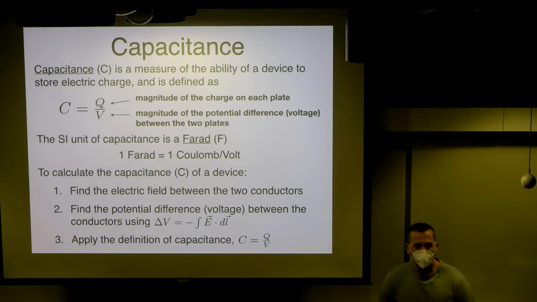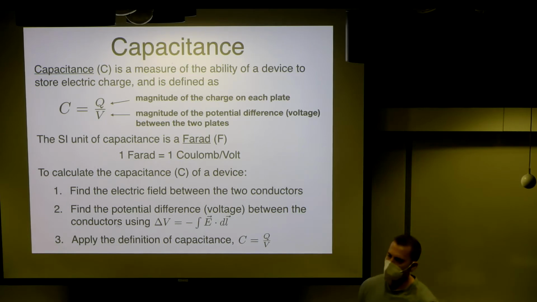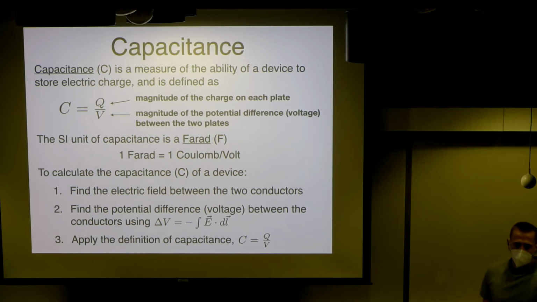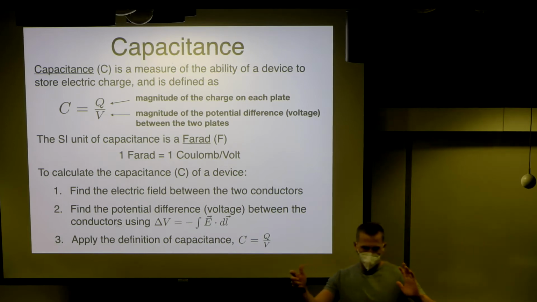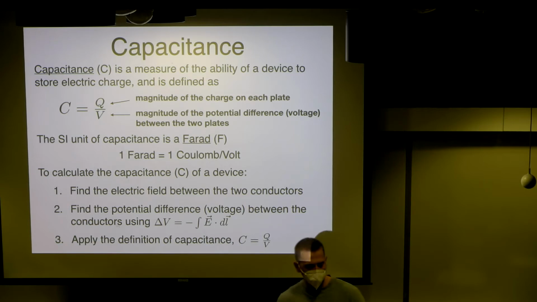Okay, so how do we look at a certain capacitor and figure out what its capacitance actually is? There's a process we can go through to calculate this, and we're going to see a few examples of it. But it basically goes like this. Number one, first, we have these two conductors, and they're charged to plus Q and minus Q. So that means in between the two conductors, there's going to be an electric field.